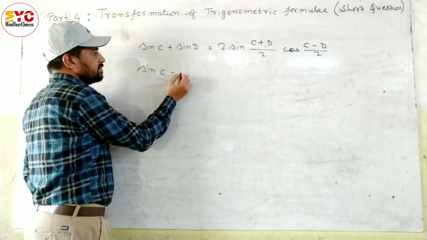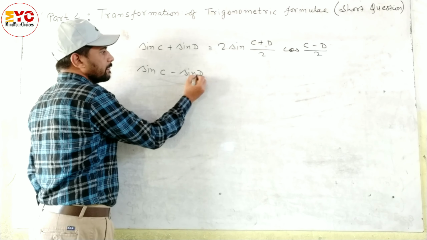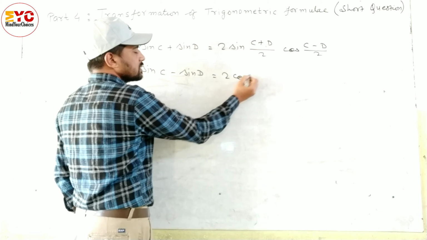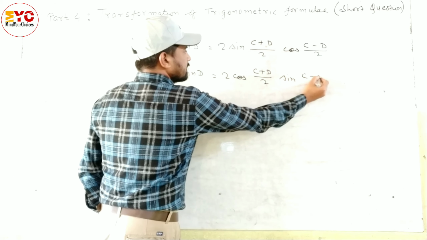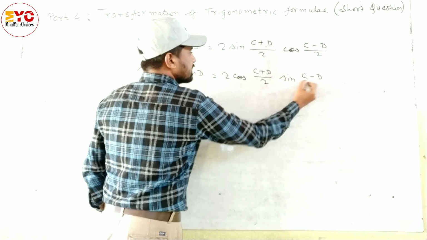Next, sin C minus sin D is 2 cos C plus D by 2 sin C minus D by 2.